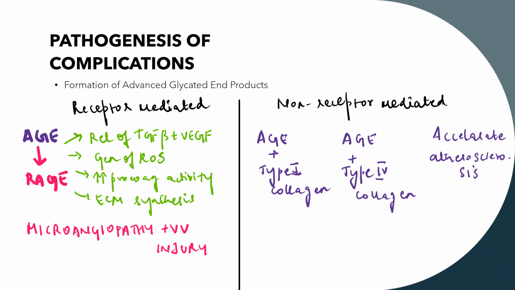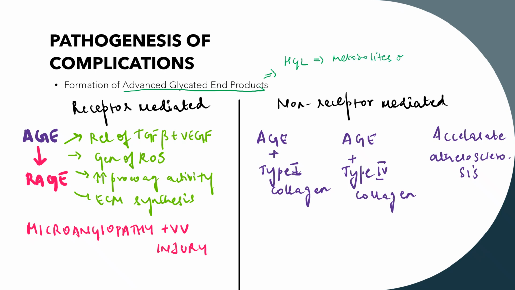Now, there are four major mechanisms that underlie the complications of diabetes mellitus. The first is formation of advanced glycated end products. What do I mean by advanced glycated end products? Whenever there is hyperglycemia, certain metabolites of glucose will be formed.